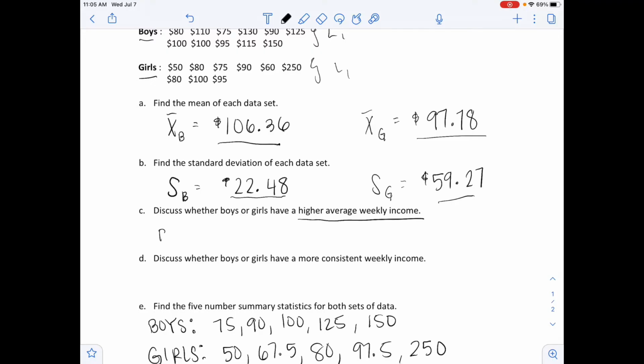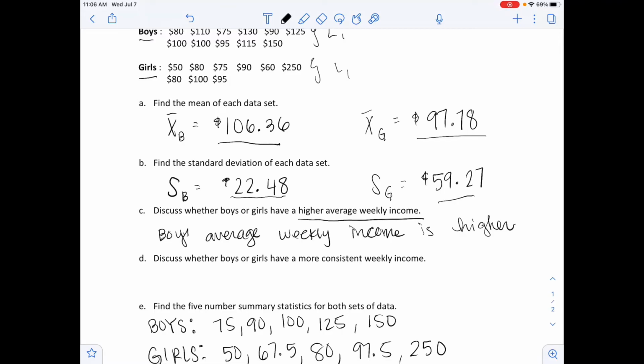So the boys' average weekly income is higher. And this is because that mean value is 106.36 versus the girls, which is 97.78.